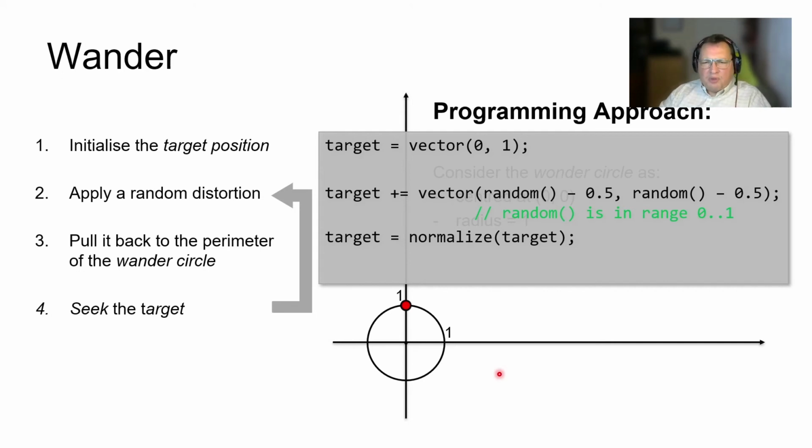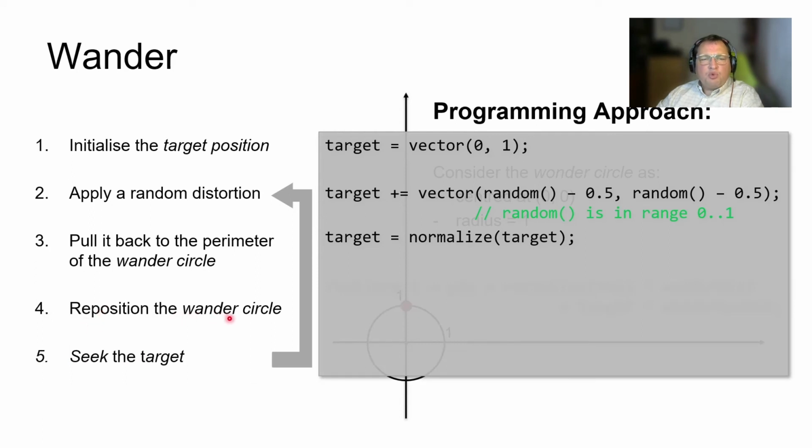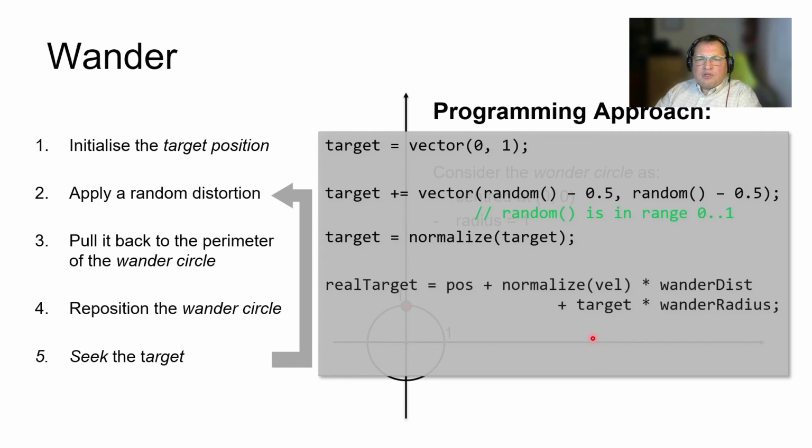But of course, the main question is, all right, this Wander circle is very nice, but it should be at the Wander distance in front of a moving agent. It should have a Wander radius, all right? So what we need is to introduce an additional step here. Reposition the Wander circle. And the code for this is here.